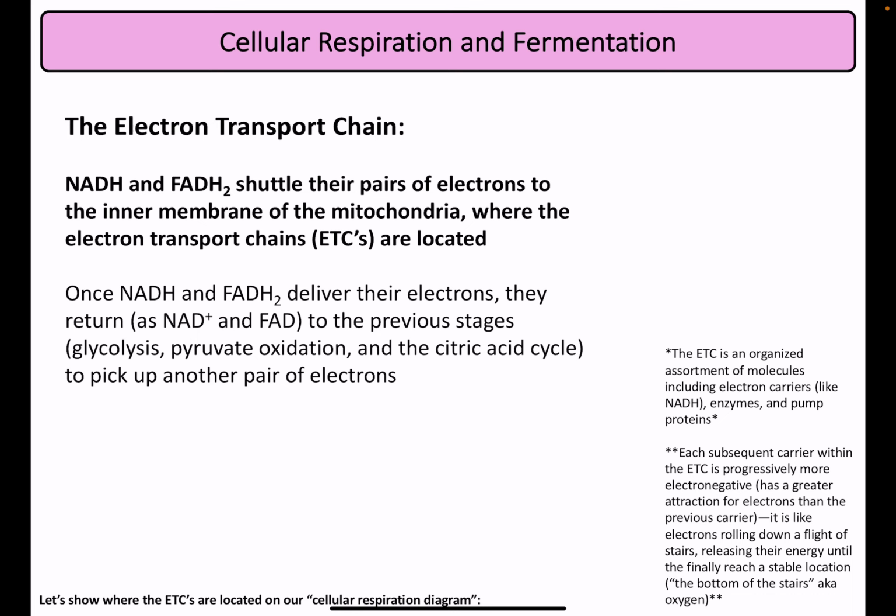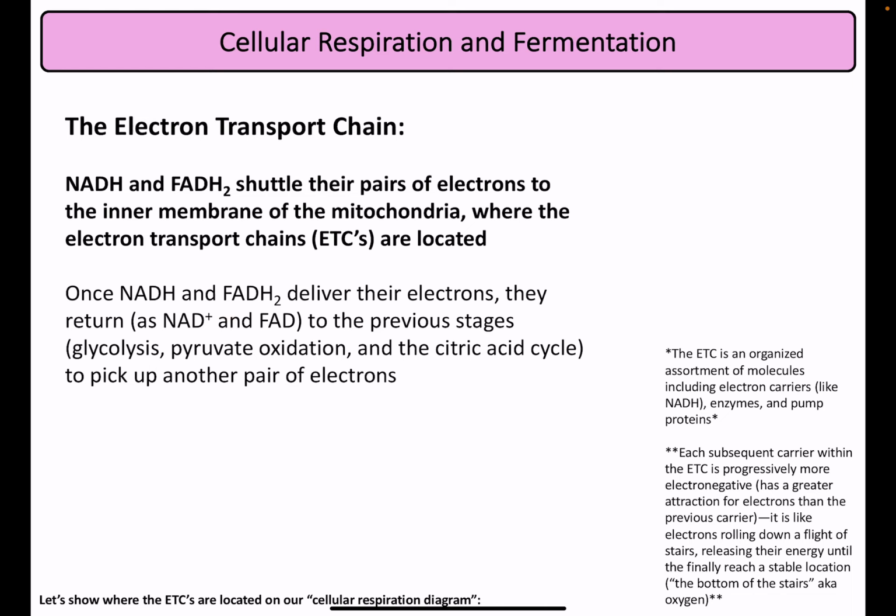You're breaking down hundreds, thousands at a time. So they're going to go back to glycolysis, go back to the citric acid cycle, and pick up another pair from a new molecule of glucose that's being broken down. So these shuttles, that's why they're called shuttles, they go back and forth between stages 1 through 3 and the ETC, carrying electrons. So that's what we're going to talk about here.